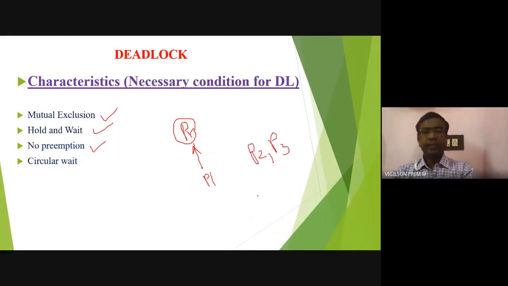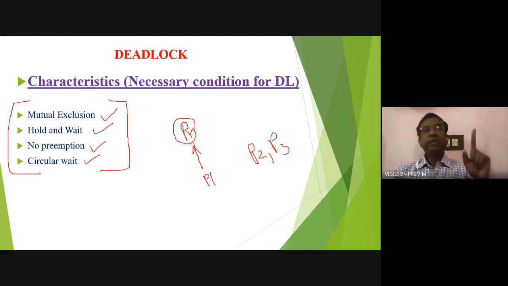Listen carefully. If all these four conditions exist simultaneously, surely there exists deadlock. Underline the word simultaneously. So if any one condition is not true, definitely there is no deadlock.